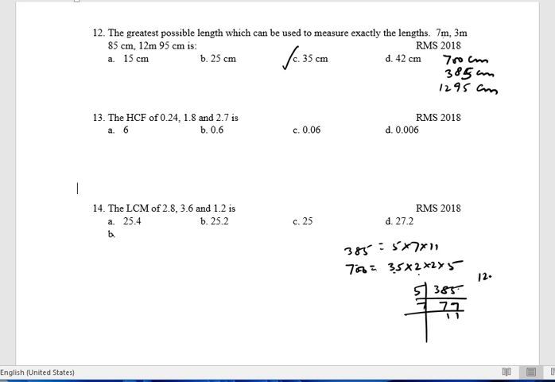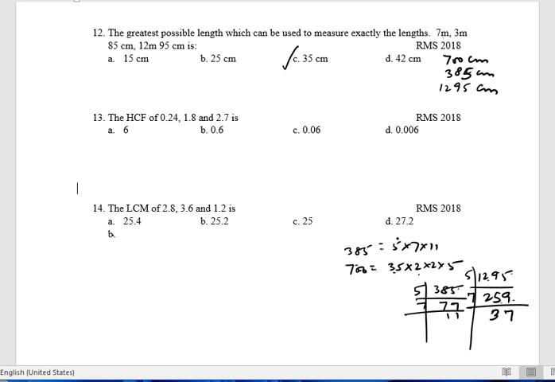Same goes for 1295 divided by 5. 5 2s are 10, 5 5s are 25, 5 9s are 45. This will be divided by which number? I think this is not a prime number, so it will be divided by 7. 7 2s are 14, 7 3s are 21 and 49, 7 7s are 49.